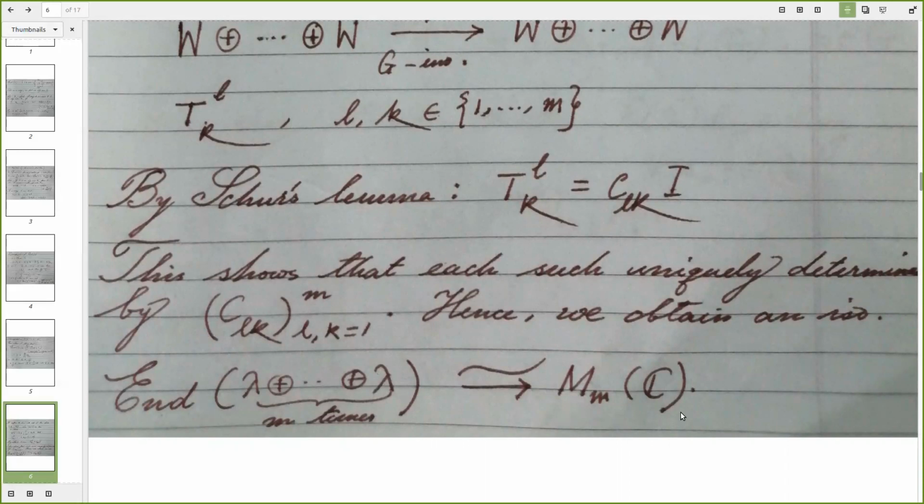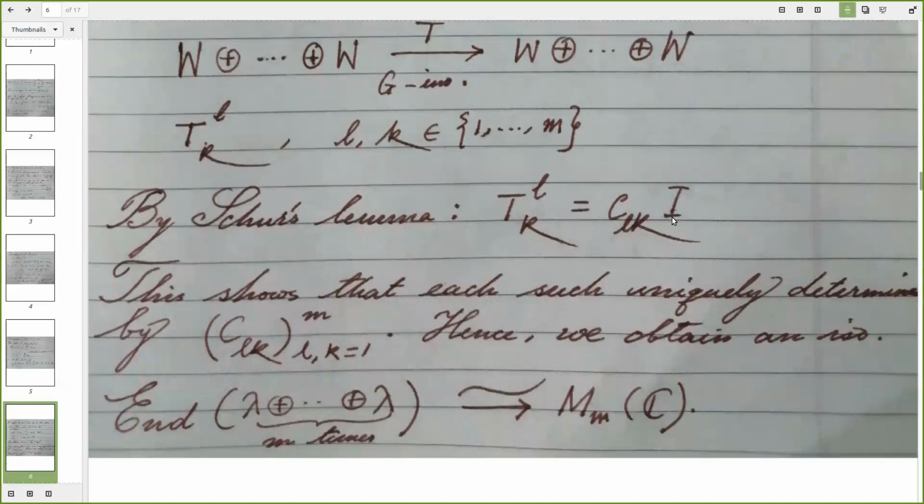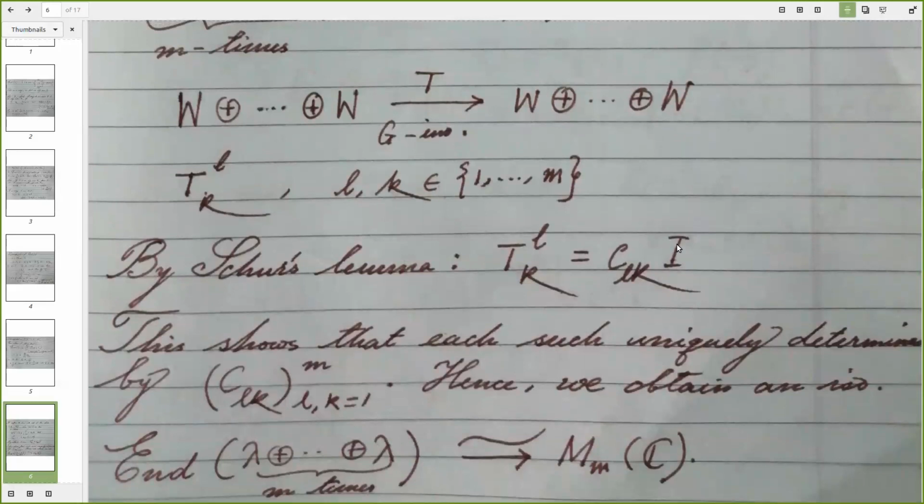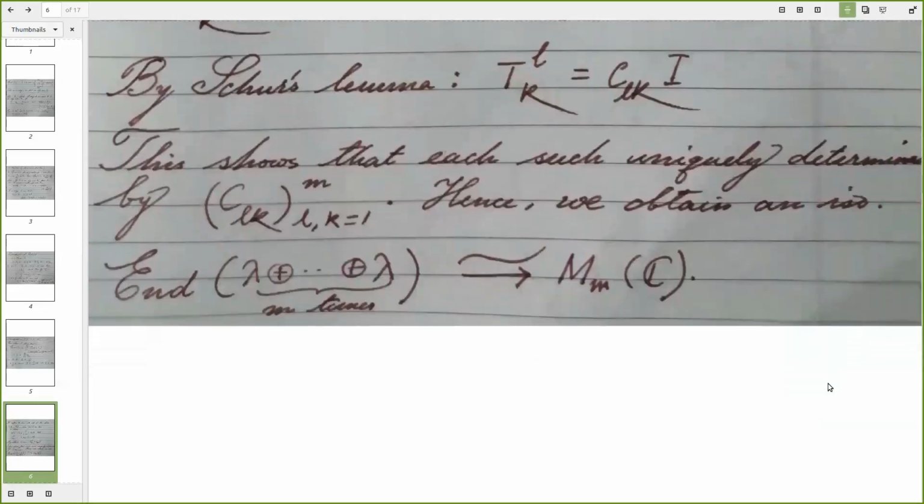Okay, I leave the painstaking details of checking the isomorphism to you, but this is the idea: the restriction of T on every component, and then its projection, is just a scalar by means of Schur's lemma. So T is uniquely determined once we have this collection of complex numbers, and that leads us to the following isomorphism between these algebras.